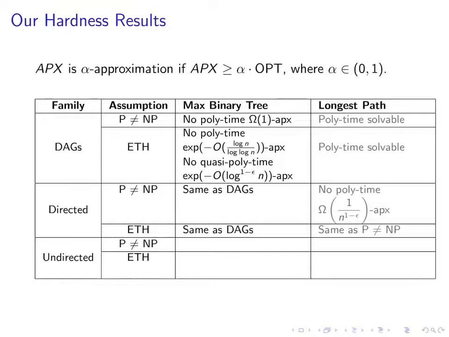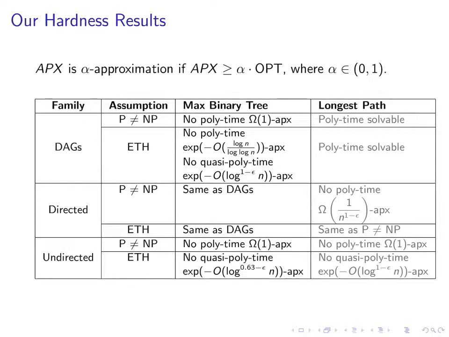For undirected graphs, the longest path problem is shown not to have a polynomial time constant factor approximation, assuming P is not NP. Assuming ETH, there's no quasi-polynomial time sub-polynomial approximation. And we have a similar result, except that assuming ETH, the hardness for the approximation factor is not as large.